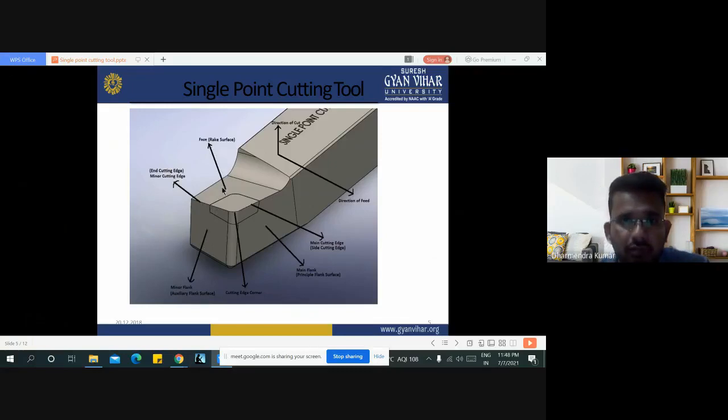This is known as the face or rake surface, where all cutting angles are associated. And this is known as the shank. The direction of cut is going in this direction, from here to here. So this is the overall dimensions of a single point cutting tool.